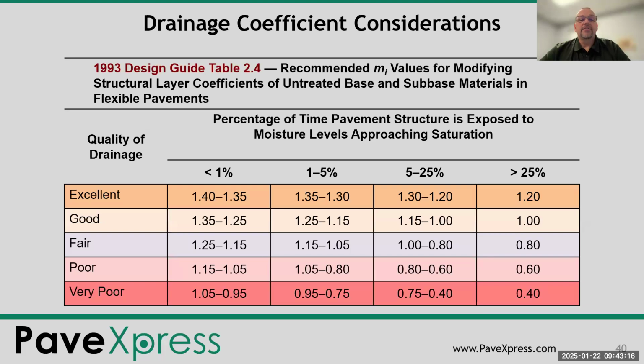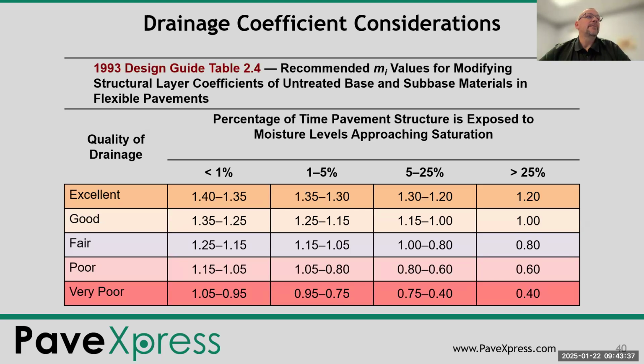Drainage coefficient considerations: keep in mind that many agencies just use a value of 1 unless you have better information. Stick with that. A value greater than 1 within the pavement structure will make it thinner, and less than 1 will make it a little thicker.